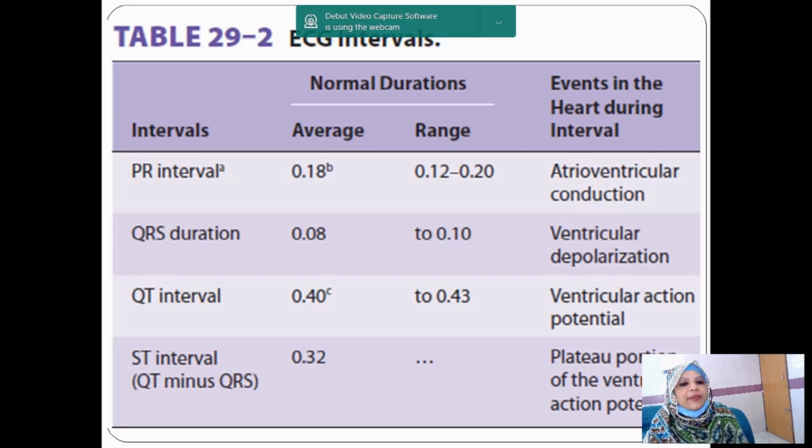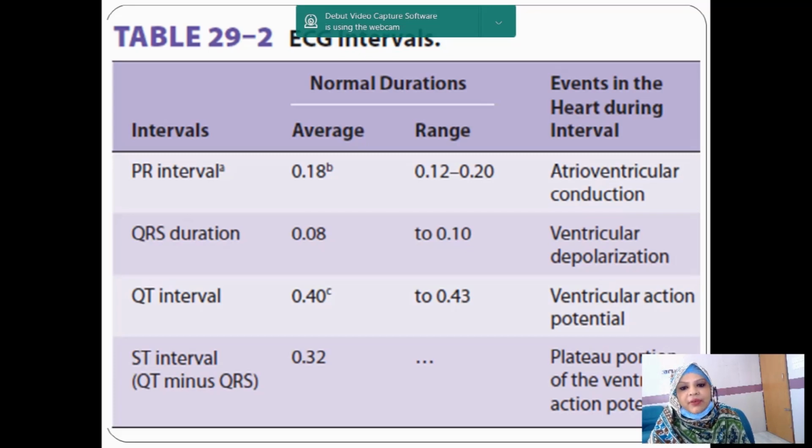See here, intervals. Now there is an interval from P wave to R wave. This is called the PR interval. This is the interval between the P wave to R wave. See, PR interval, average time duration 0.18 second, range 0.12 to 0.2 second, and the event in the heart during this interval is atrioventricular conduction.